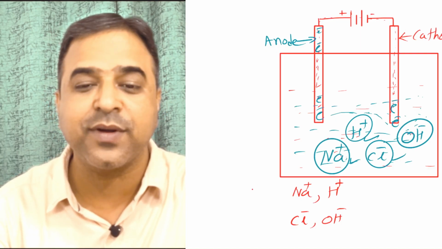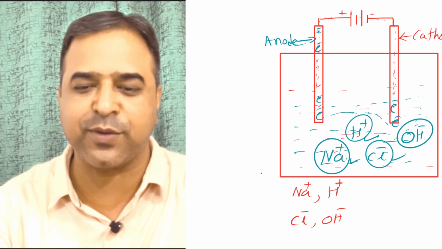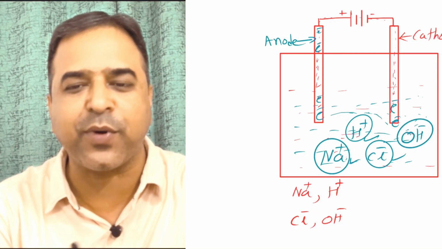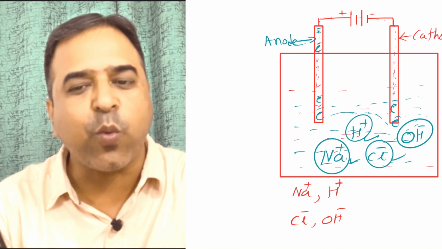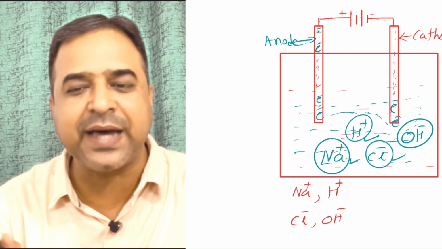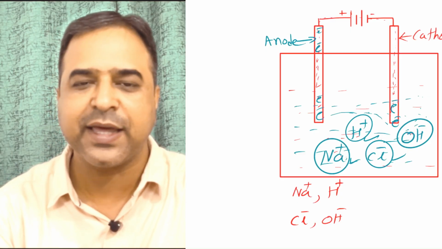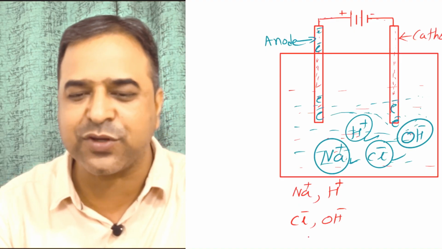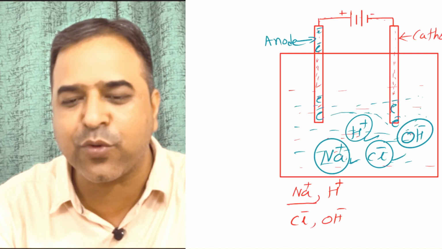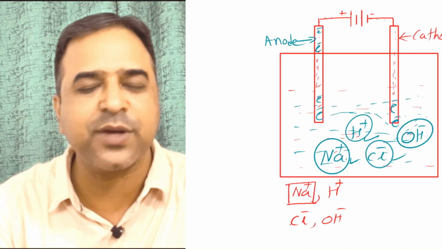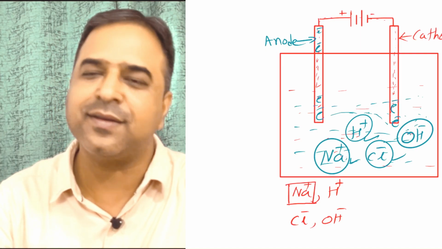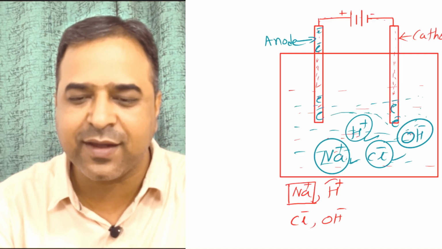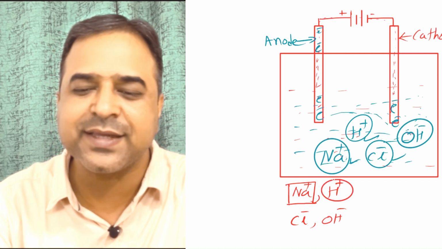But who will go? For that, what you have to remember is that among metals, among positive ions, the one which is less reactive will go towards the cathode. Now tell me, sodium or hydrogen, who is more reactive? Sodium is more reactive. In other terms, who is less reactive? Hydrogen is less reactive.